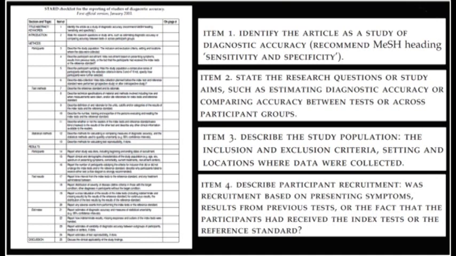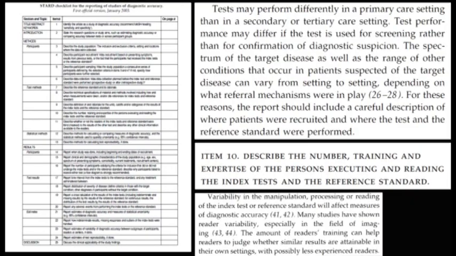Most of these items have to do with sensitivity and specificity, how patients are recruited, how the sampling is done, how you evaluate who is reading the radiograph, and issues with prevalence in the sample population. For example, tests may perform differently in a primary care setting than in a secondary or tertiary care setting.